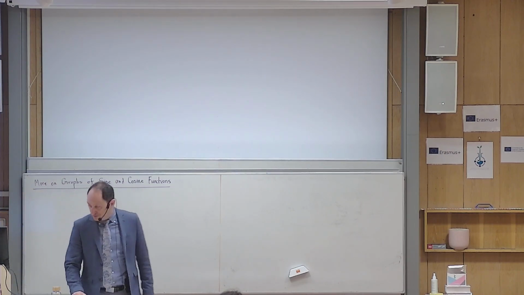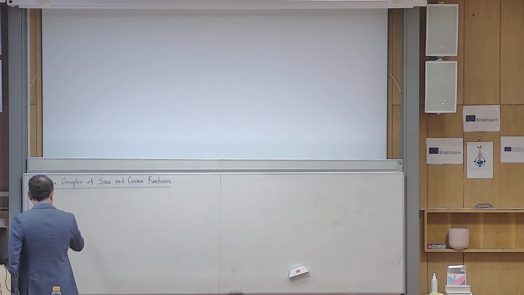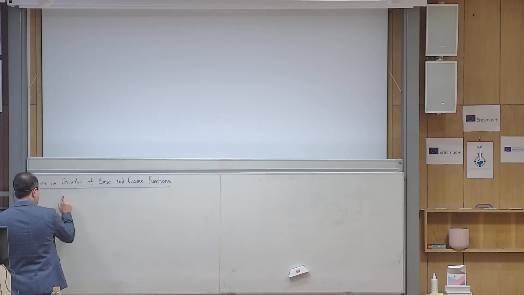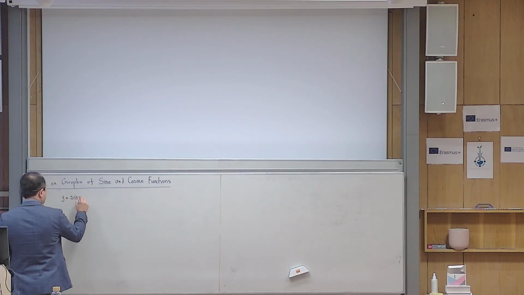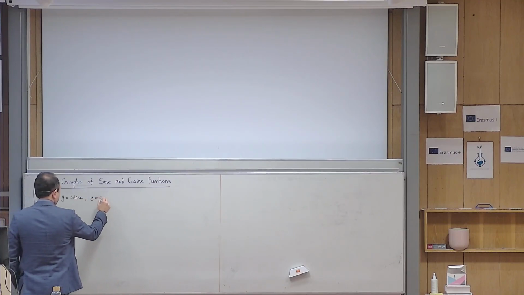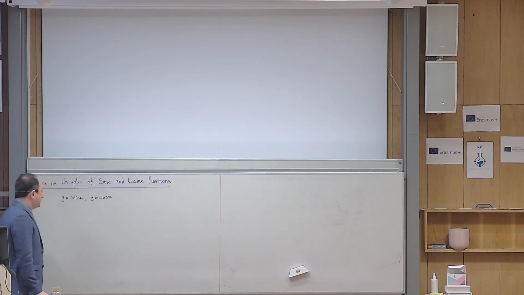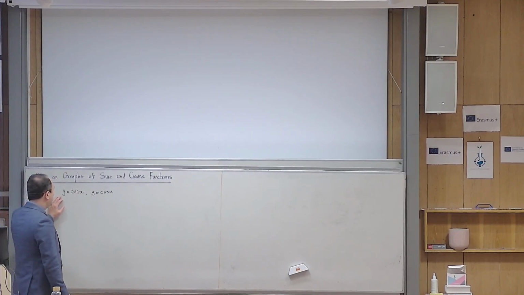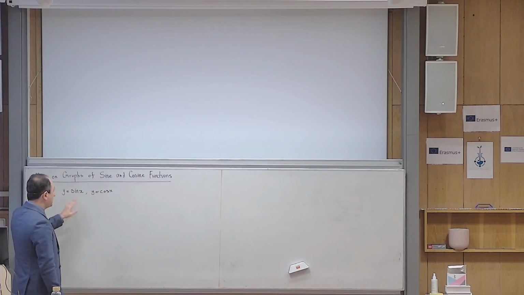So in that video, if you remember, we talked about the graph of sine and cosine functions. Okay, and then today the idea is that we want to see a little bit more about more generic sine and cosine functions.